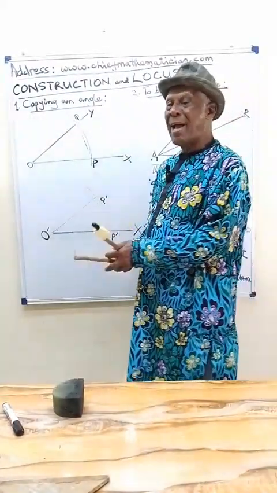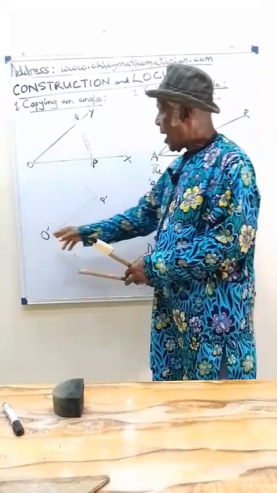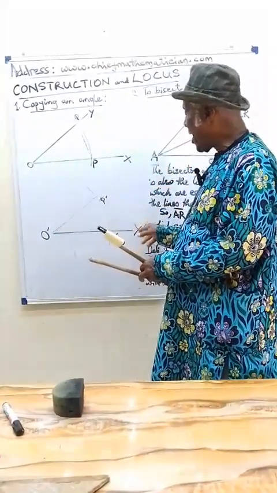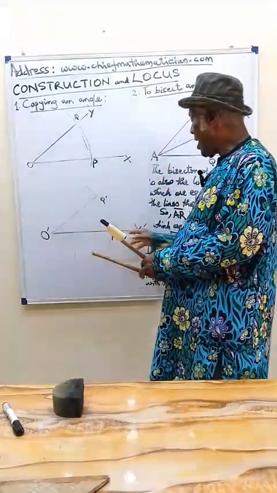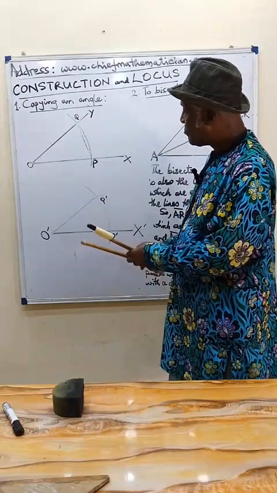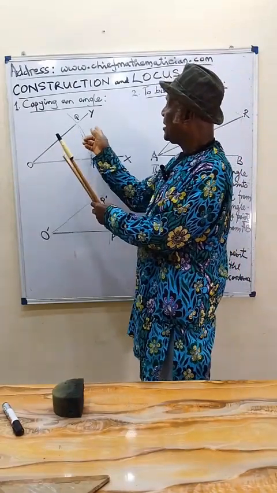To copy it by construction, I will draw a line which I will call O prime X prime. You draw this line, and then you come back to this given angle.